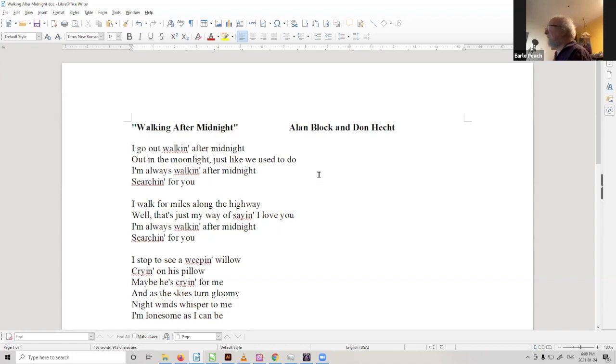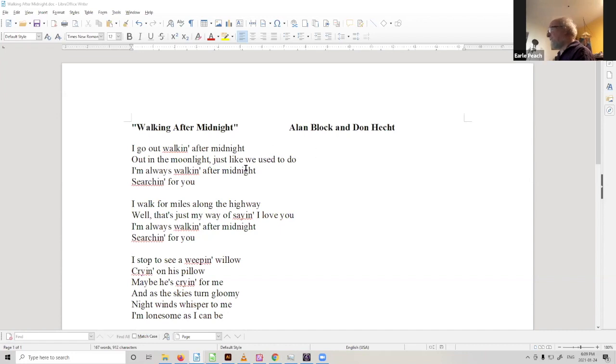Would anyone venture to take a stab at saying these words in 3 instead of 4? Say 1, 2, 3. Okay, I go out walking in the midnight. You got to rush the words, right? Oh yeah, okay. Well, how about if you put the I at the beginning of the bar, like I go out walking after midnight, out in the moonlight, just like we used to do.